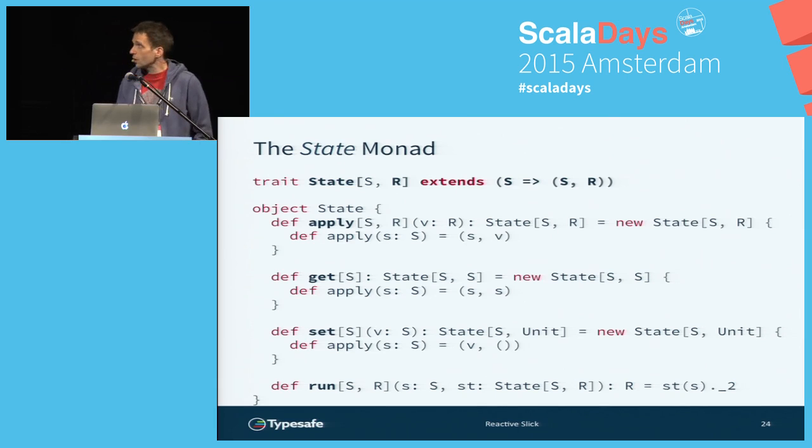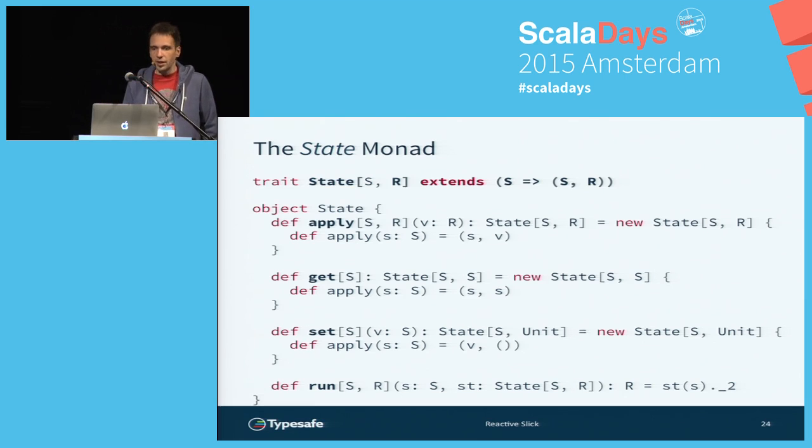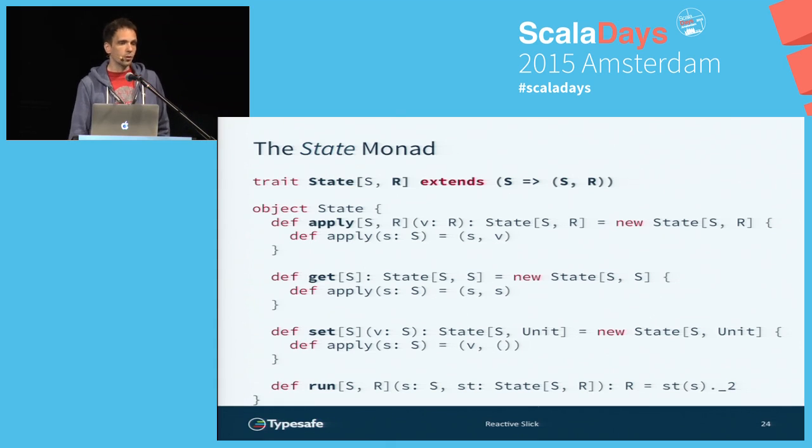And if you look at how it's defined, extends function from S to (S, R), you may already be able to guess how it's implemented and what it really does, because state is just a stateful function. You pass in the existing state into this function, and you get out a new state and whatever value you want to compute or return from it. So you just chain your state through a series of functions.